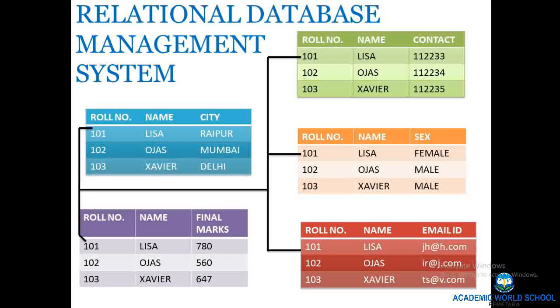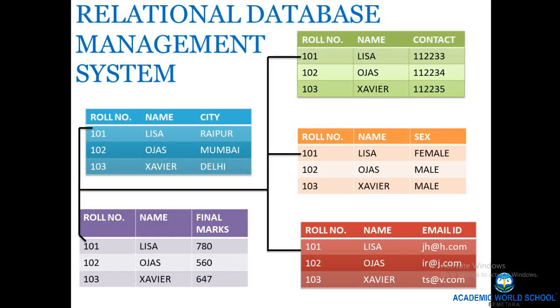This is the answer. In these individual files you will see this roll number. Through roll number we have related all the tables, meaning connected all the tables. We have connected all the 5 tables with this roll number because roll number is the unique ID here, the unique column.